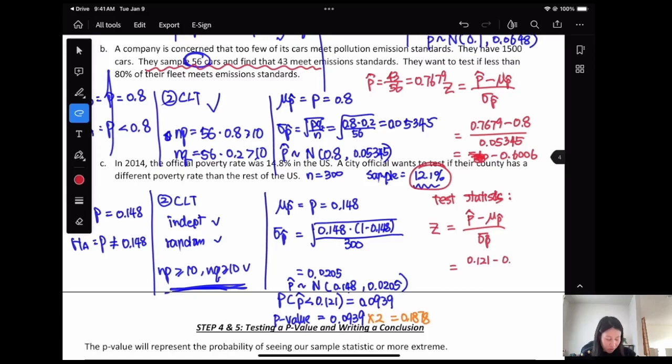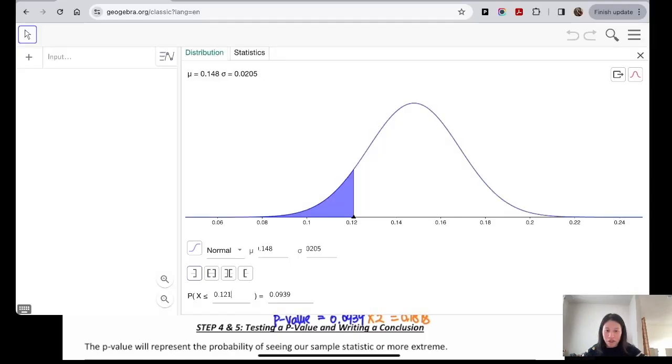Subtract our mu, which is 14.8%, divided by our sigma, 0.0205. That is equal to negative 1.317.